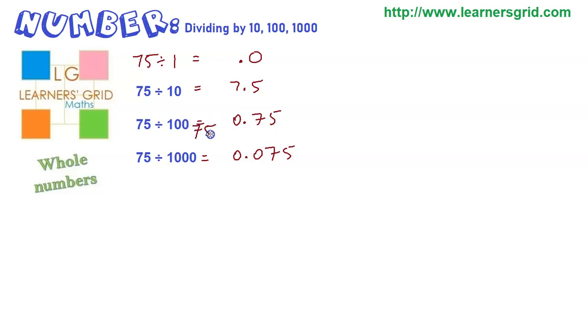And when I divided it by 1,000, well, there's 3 zeros in 1,000, so I moved it over 1, 2, 3 spaces. That's kind of like the easiest way to think of it, because you're just moving the numbers to the right by however many zeros there are in the divisor.